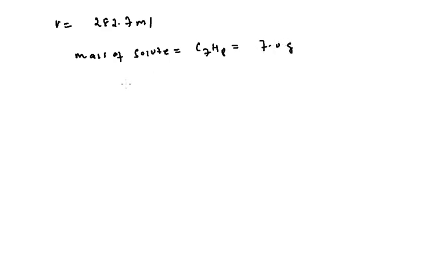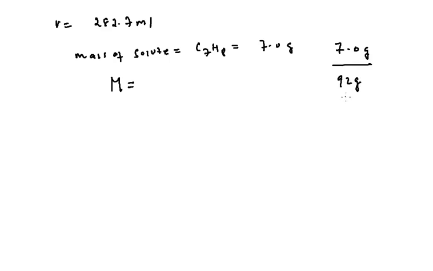Based on this information, we're going to calculate the molarity, which is a big M. To get the moles of solute, we have to divide 7.0 grams by the molar mass of toluene, which is 92 grams.